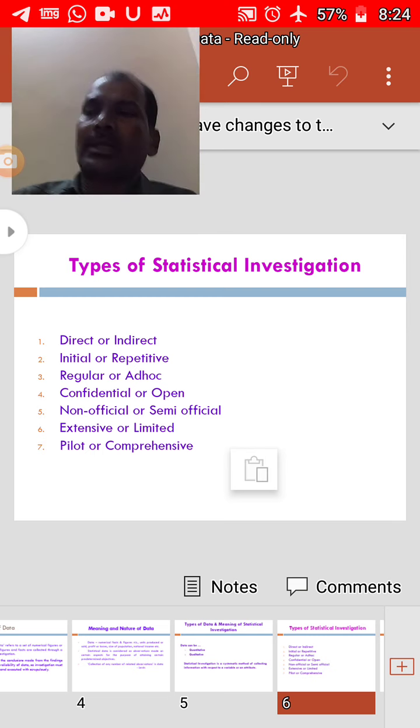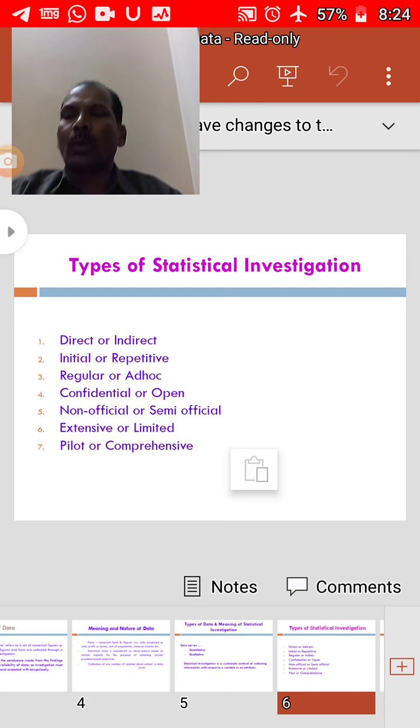Next, we have extensive or limited. While an extensive investigation includes wider coverage of aspects, a limited investigation usually includes very few aspects to be studied. Lastly, we have pilot or comprehensive.